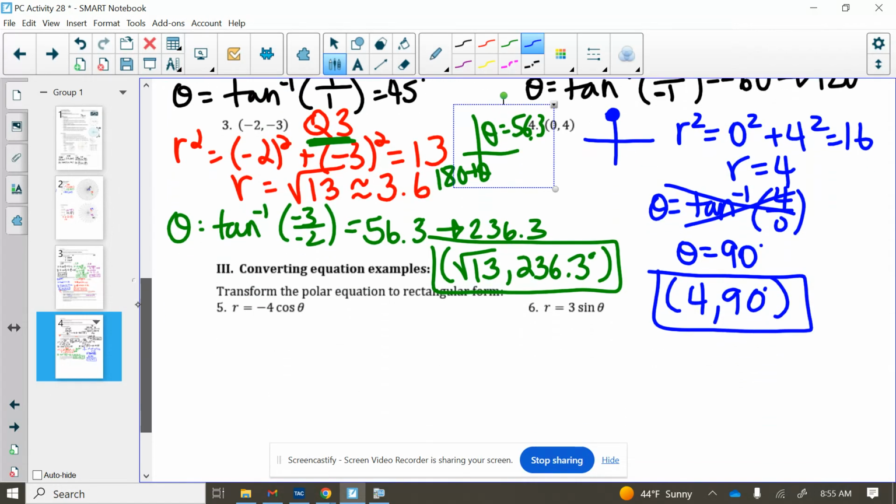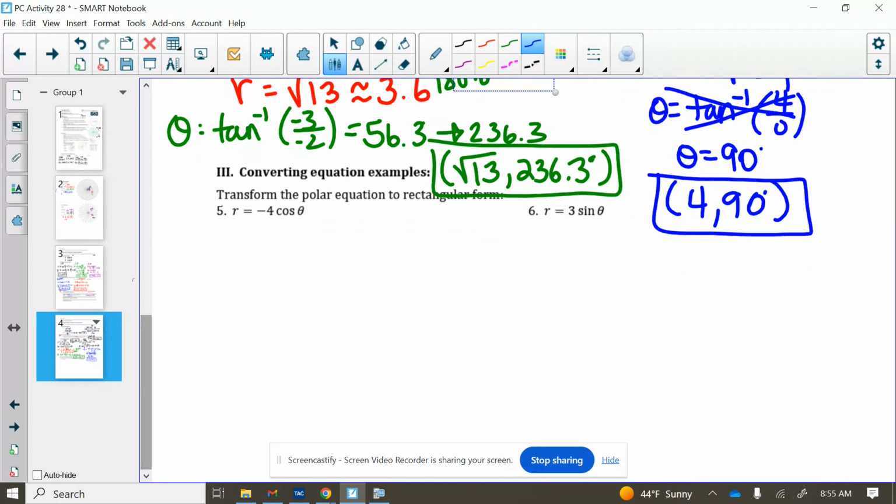All right, we also want to intro a little bit here, converting our polar equations to rectangular form. So we've talked about before that our r value here is the square root of x squared plus y squared. And we know from the past lessons throughout the year that the cosine is the x value over the r value.